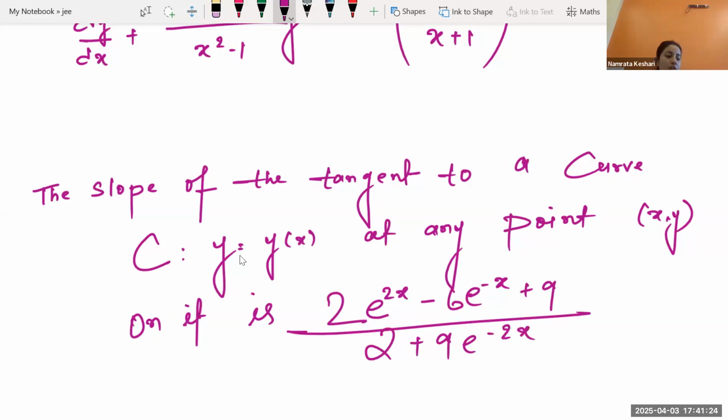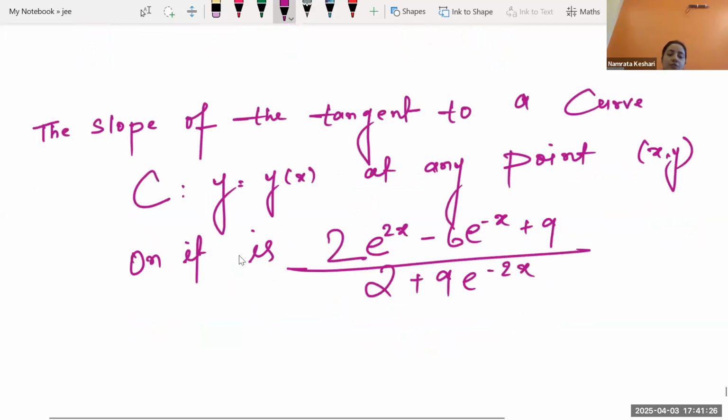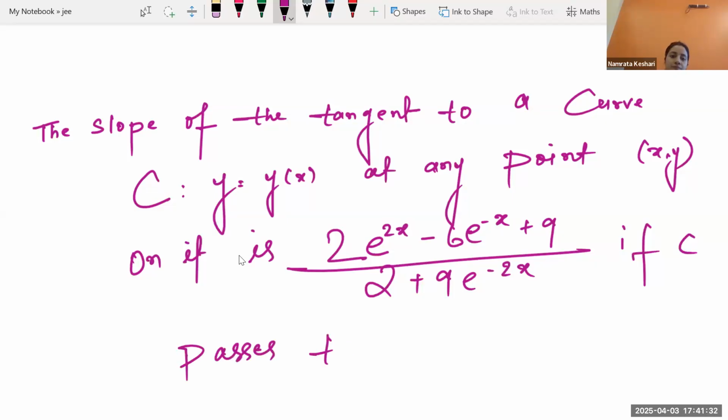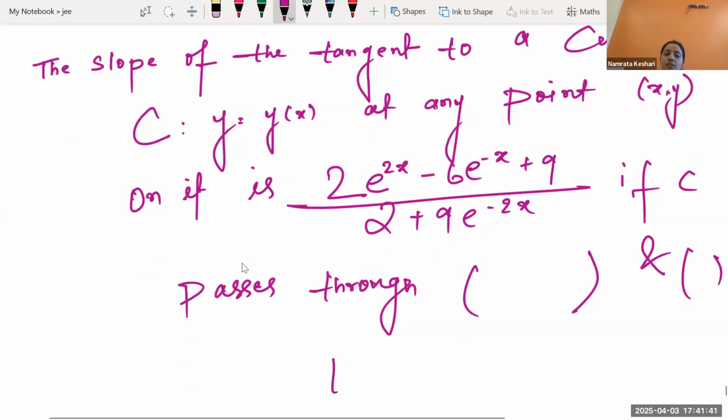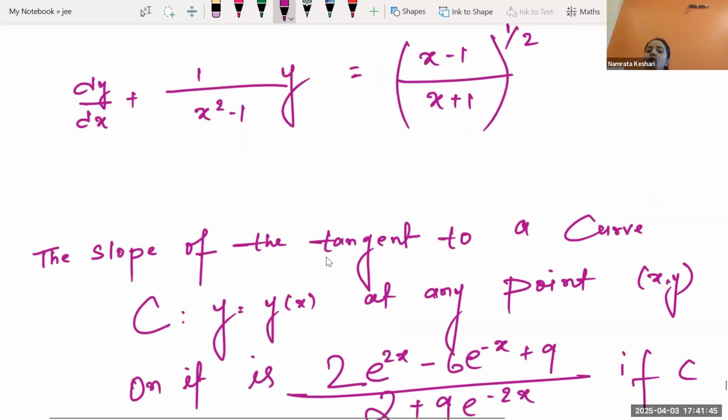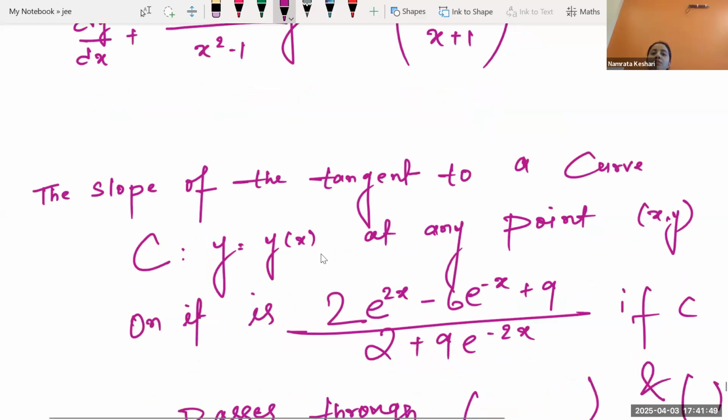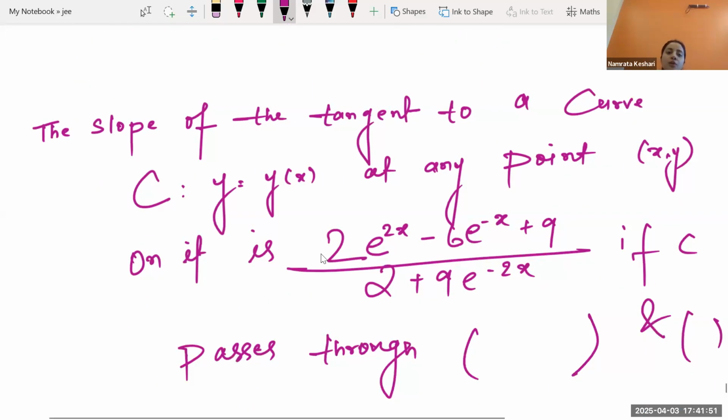Okay, this is the slope of the tangent, and then it is given that if C passes through a point, a point is given, and another point is also given. Then we are supposed to find a value. So let's see what the question says. The slope of the tangent to a curve C, y equals y(x), at any point is this one.